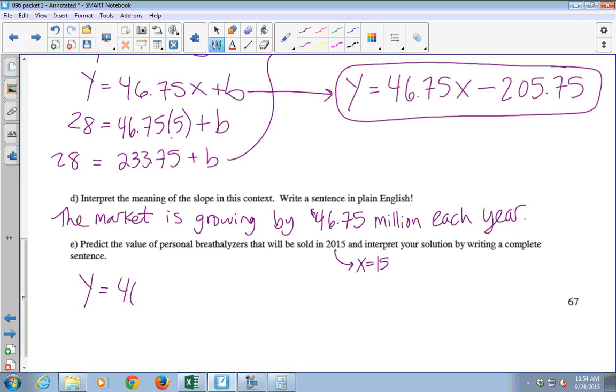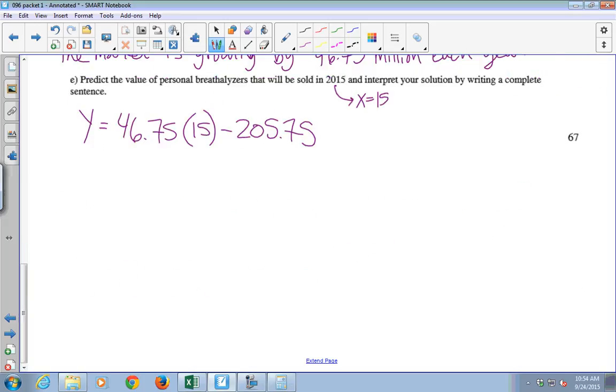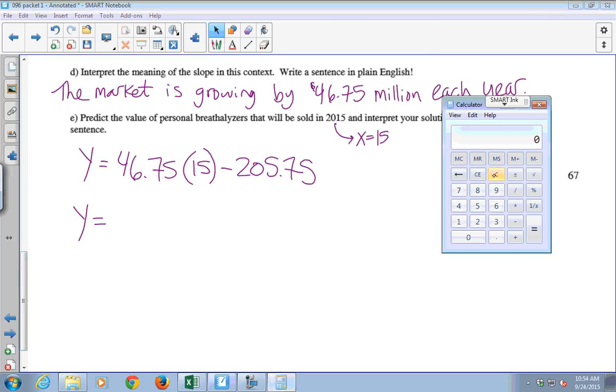Y is 46.75 times 15 minus 205.75. And so I get Y equals 495.5.